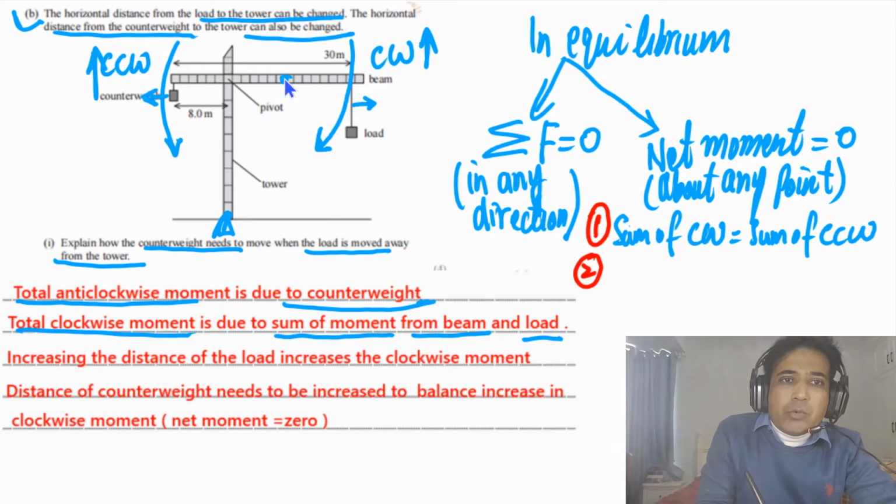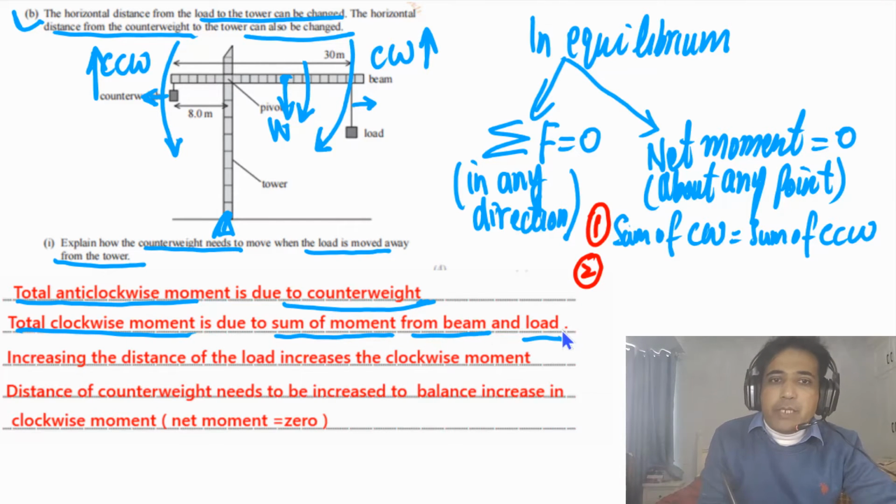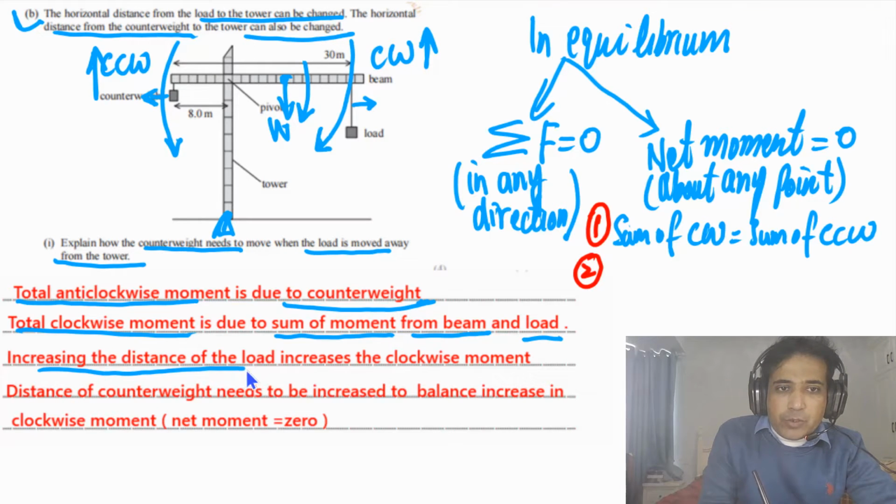So simply around here, I'm just marking here, there is a weight of the beam, so this also will cause clockwise moment. So the total clockwise moment is due to the sum of moment from the beam and also from this load. Increasing the distance of the load increases the clockwise moment.